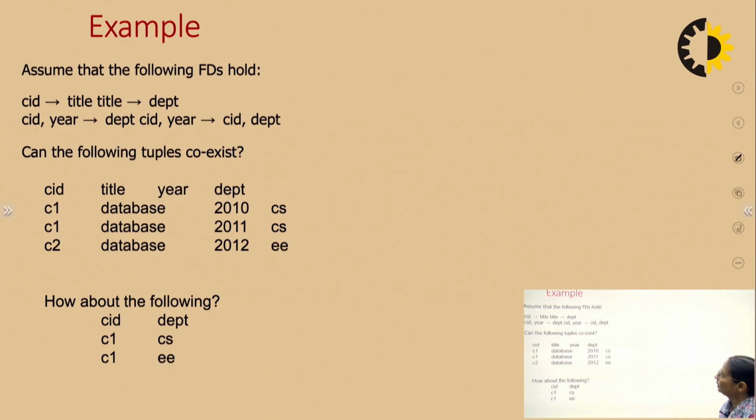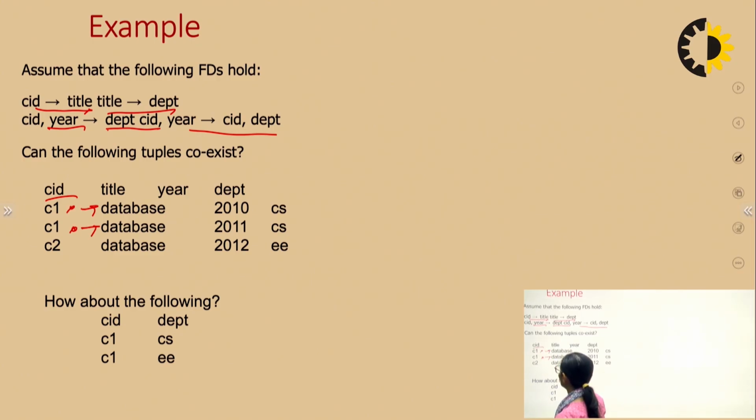Let's see a few more examples. Assume the following FDs hold: CID implies title and department, and these correspond to department and CID, year corresponds to CID and department. So we need to see whether the following tuples coexist or not. Let's check the first one. For CID, C1 is the same and corresponds to the same beta.